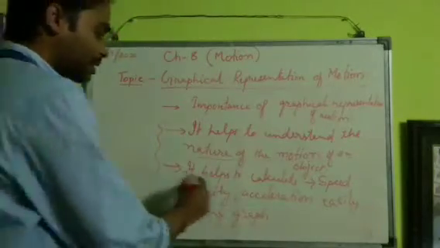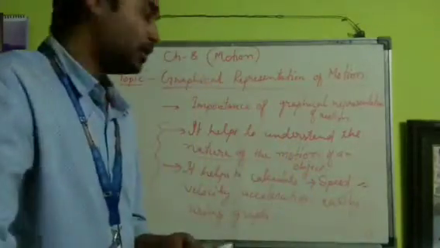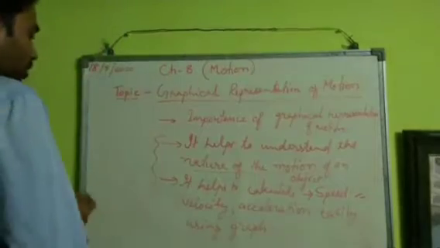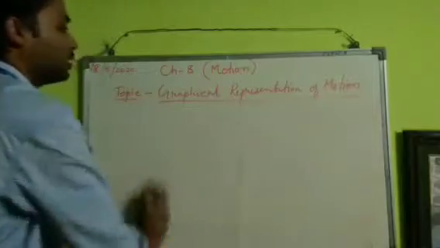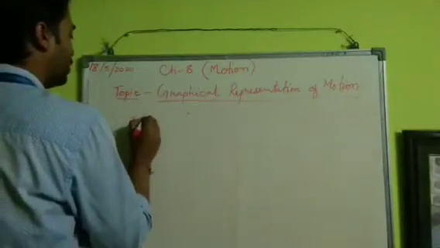Now regarding the second point, how we can calculate speed, please note down this as well. So how we can find speed using graph. Let us discuss the points, and please note this in your copy. I will just write this note.